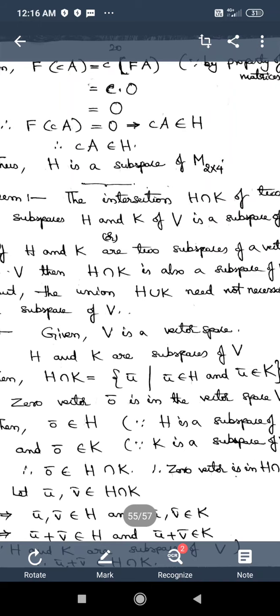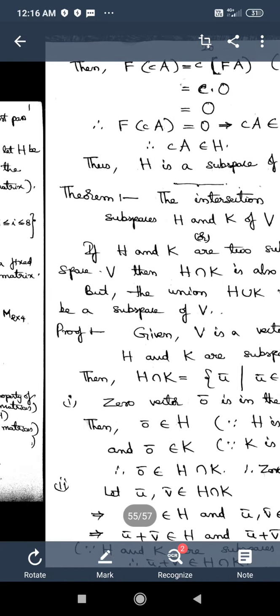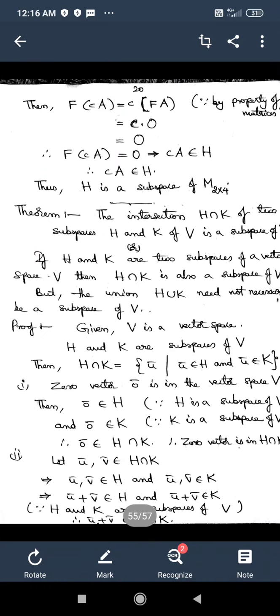So 0 bar belongs to H intersection K. That means the 0 vector is in the set H intersection K. So the first condition, which is the existence of the 0 vector in the set H intersection K, is satisfied.